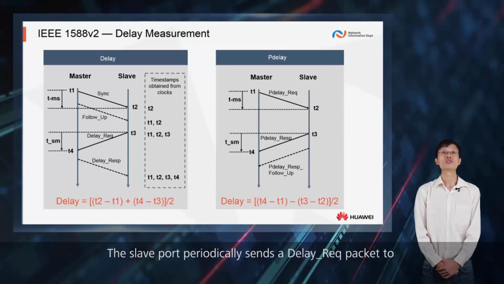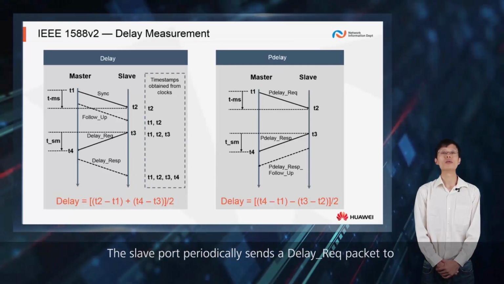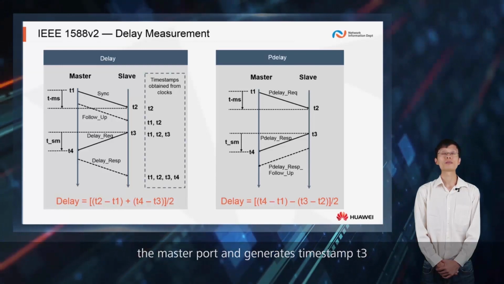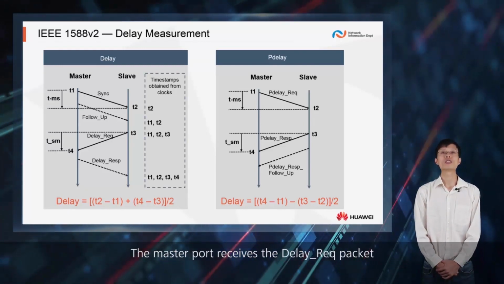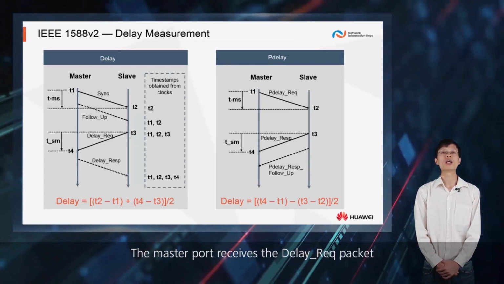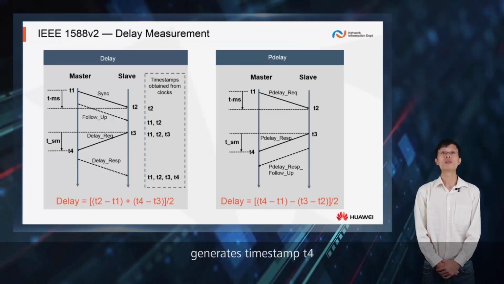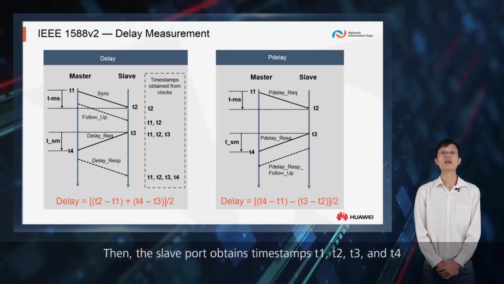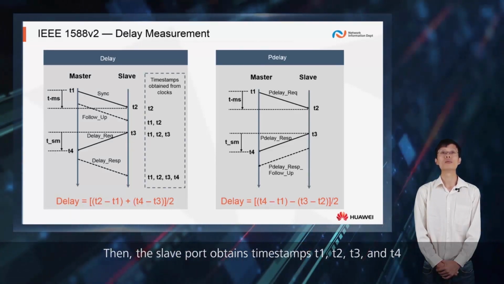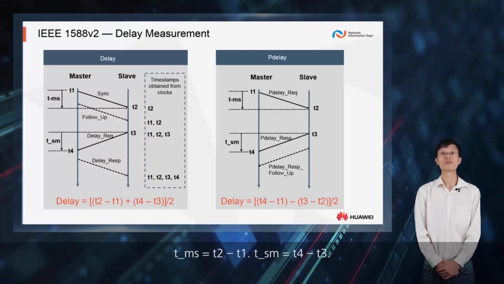The slave port periodically sends a delay request packet to the master port and generates timestamp T3. The master port receives the delay request packet, generates timestamp T4, and then sends the packet back to the slave port. Then the slave port obtains timestamps T1, T2, T3, and T4.